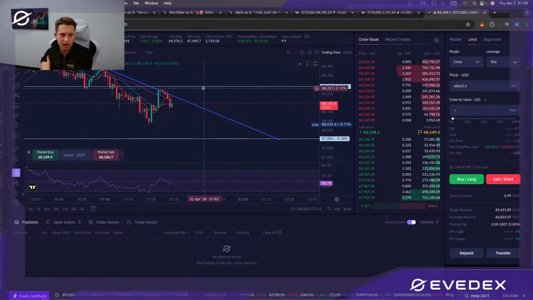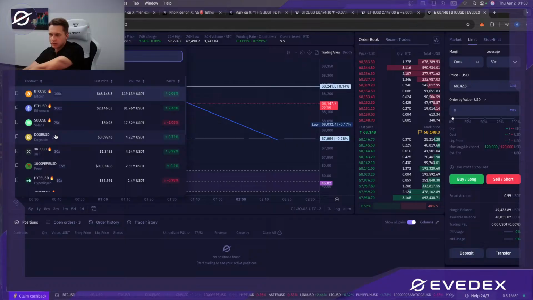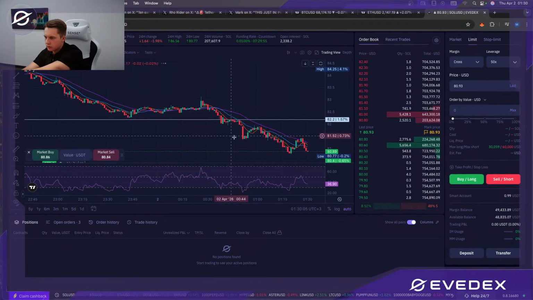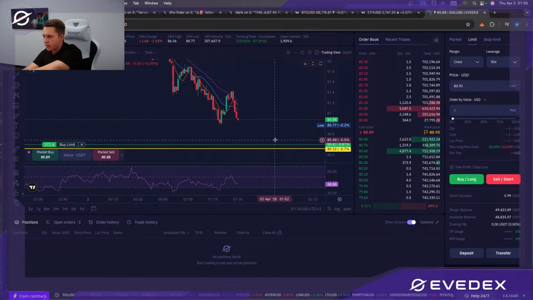So if we do get that price movement down to that level, that would be fantastic. That's currently what we're waiting for. As you can see, we're pretty close.